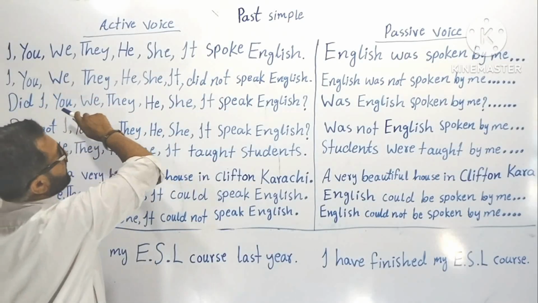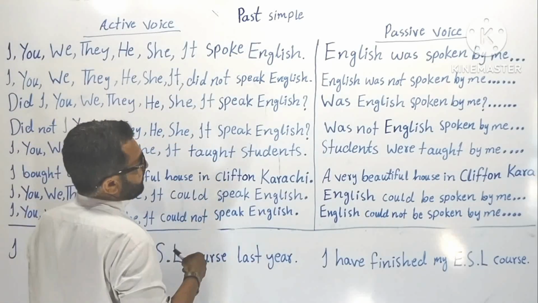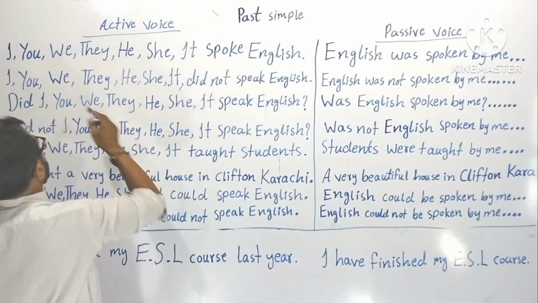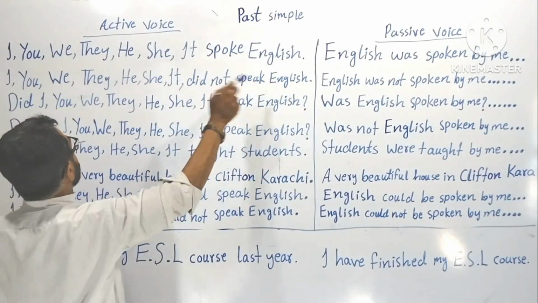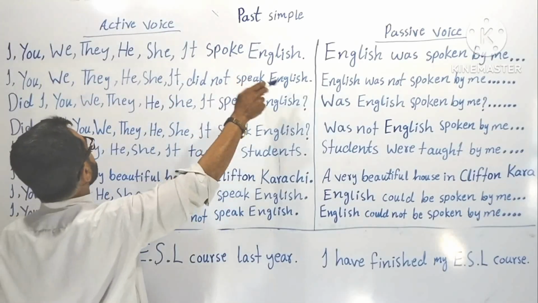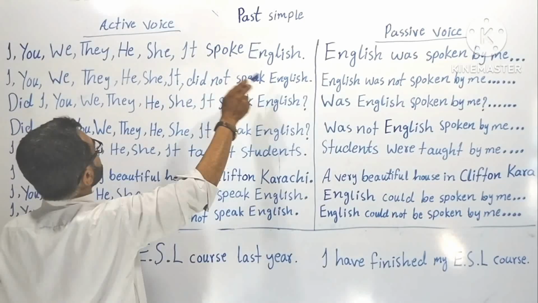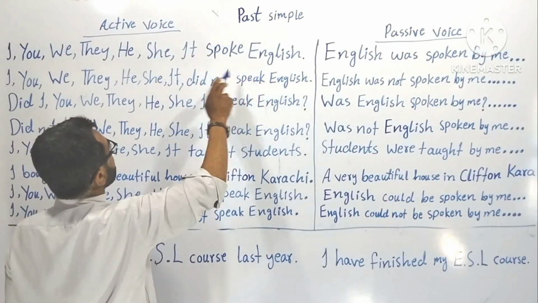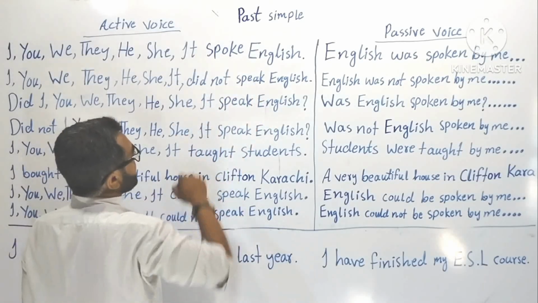Did not is past simple negative. I did not speak English. You did not speak English. We did not speak English. They did not speak English. He did not speak English. She did not speak English. It did not speak English. Ali did not speak English.